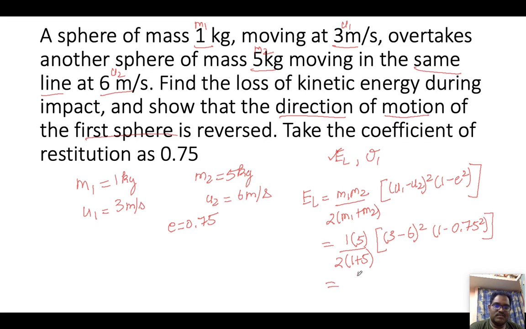So this is 5 divided by 2 into 6, which is 12, into 3 minus 6, so it is minus 3 square, or 9, and 1 minus 0.75 square gives you 0.4375.